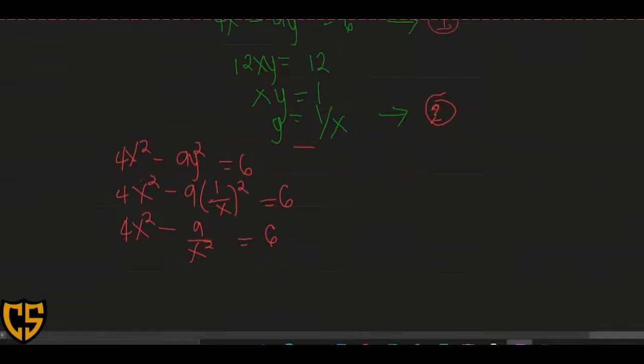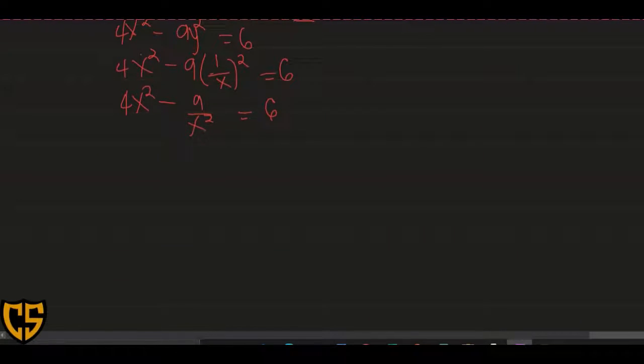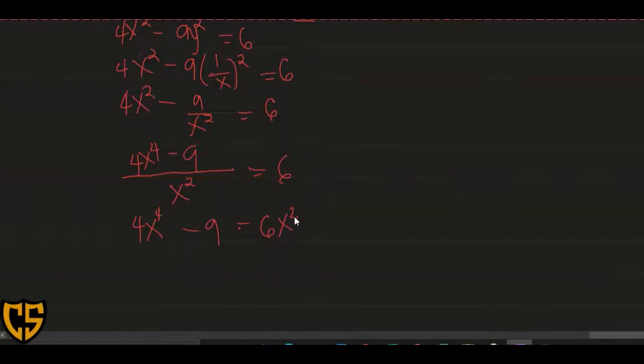Continuing with the process, we have to find the value of our LCD. The LCD will be x squared times 4x squared. This will be 4x to the 4th minus 9 is equal to 6x squared.